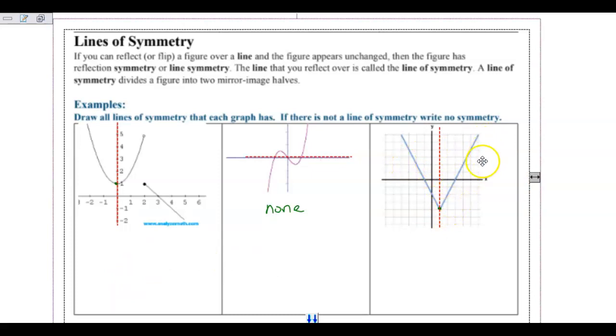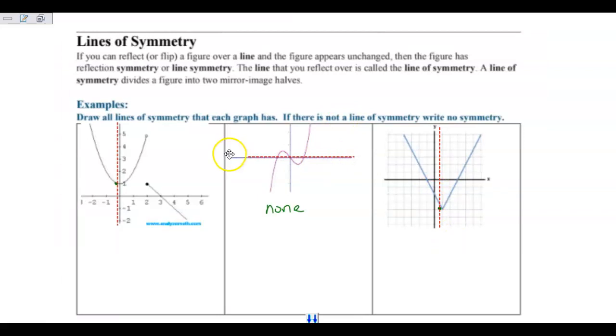It's like a mirror image of itself. And so this one does have a line of symmetry. It's this point right here. Okay, so when I looked at these, my first one had a line of symmetry. Or, sorry, the second one did not have a line of symmetry, and the third one did. Okay.